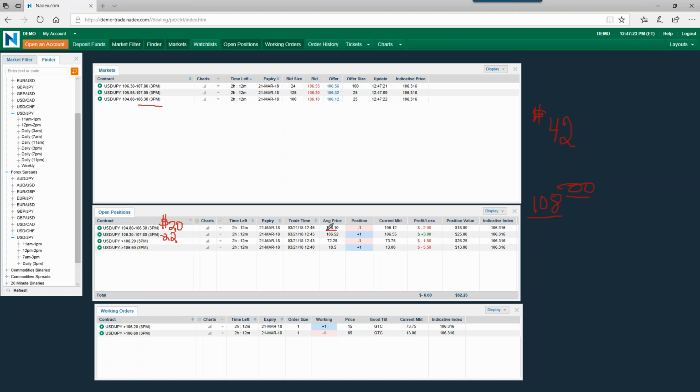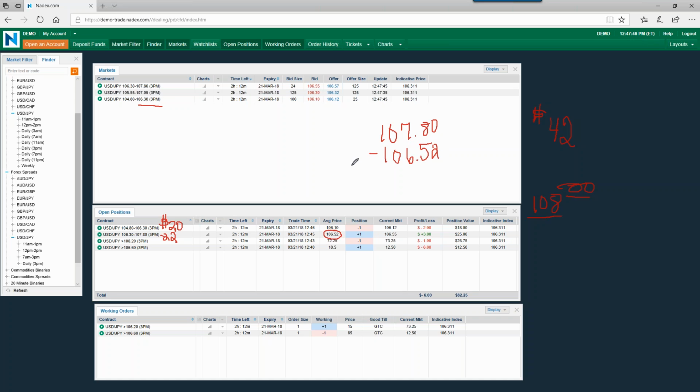So your entry price was 106.52. Now, if you take the ceiling, which is 107.80, and you subtract where you entered, then that gives you the potential for you to make on this binary option.